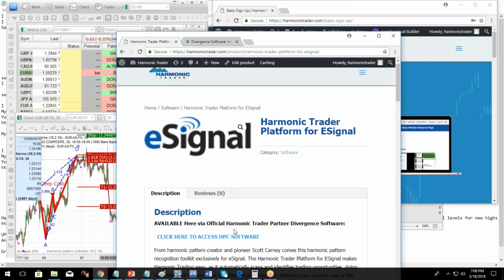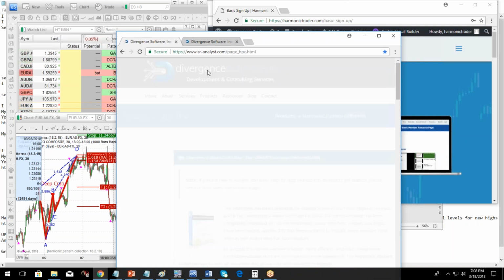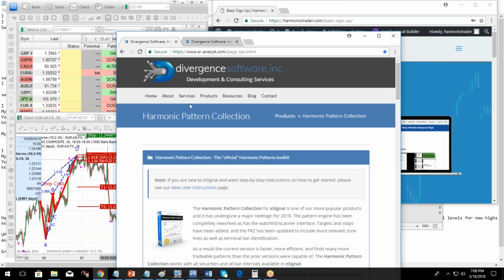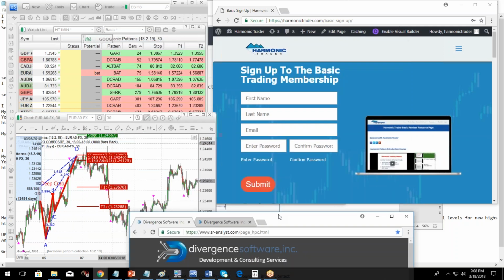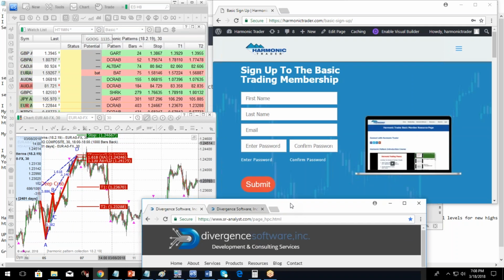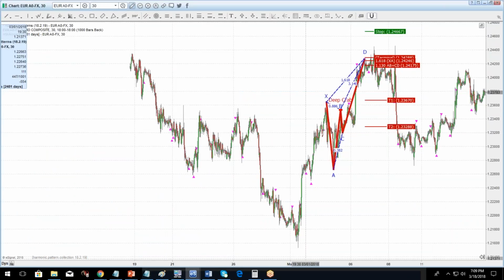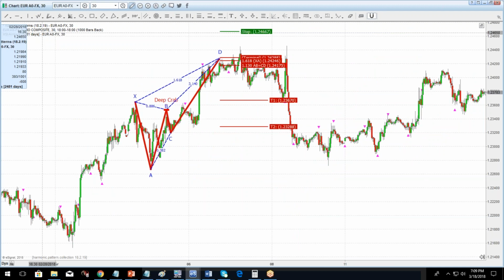We've developed this in coordination with my partner at Divergence Software, senior analyst, and this will find all of these patterns and the crab patterns in particular. I really think the crab pattern has been, of all of the patterns we've been generating, yielding fantastic moves, especially in currencies. And this euro definitely was one last week. And then currently we're facing a couple of them.